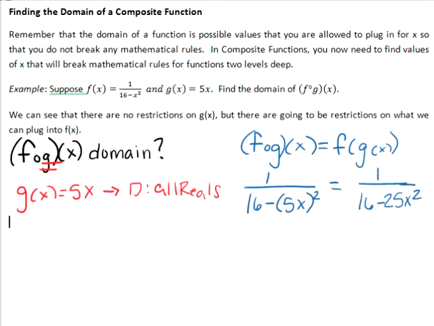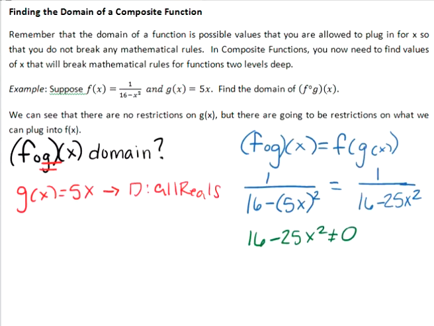Now, as far as the domain goes, we need to make sure that we're not plugging in any values of x into our composite function that will cause this denominator to be equal to 0. We do have a denominator but no square roots, so we just need to make sure that the denominator, or 16 minus 25x squared, does not equal 0.